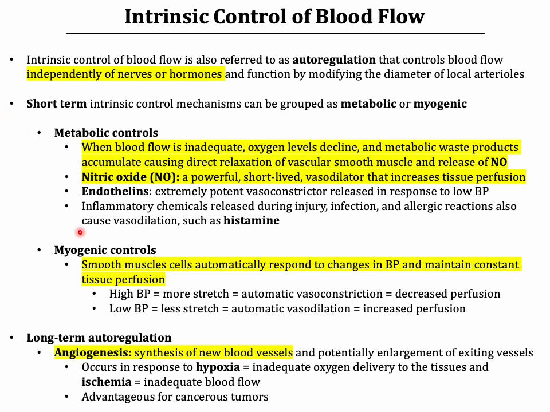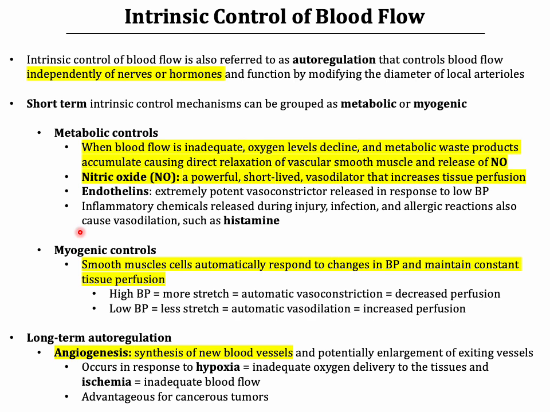And with the metabolic, this is when the cells in the area start to sense that there's a change in oxygen levels, there is an increase in metabolic waste accumulating in the immediate area, and it's basically a red flag, like, I'm kind of being starved of oxygen here, and all of this waste is building up. Something needs to change.